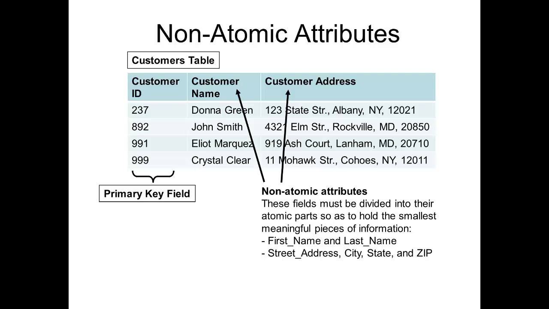For example, in this table, the customer name and customer address columns are non-atomic, and they must be divided into their atomic parts so as to hold the smallest meaningful pieces of information. The customer name column must be divided into first name and last name, and the customer address column must be divided into street address, city, state, and zip.